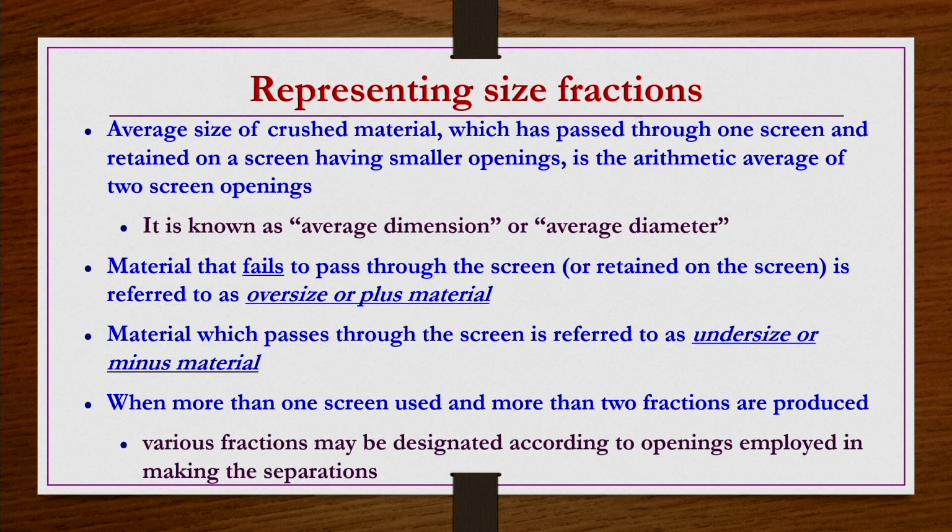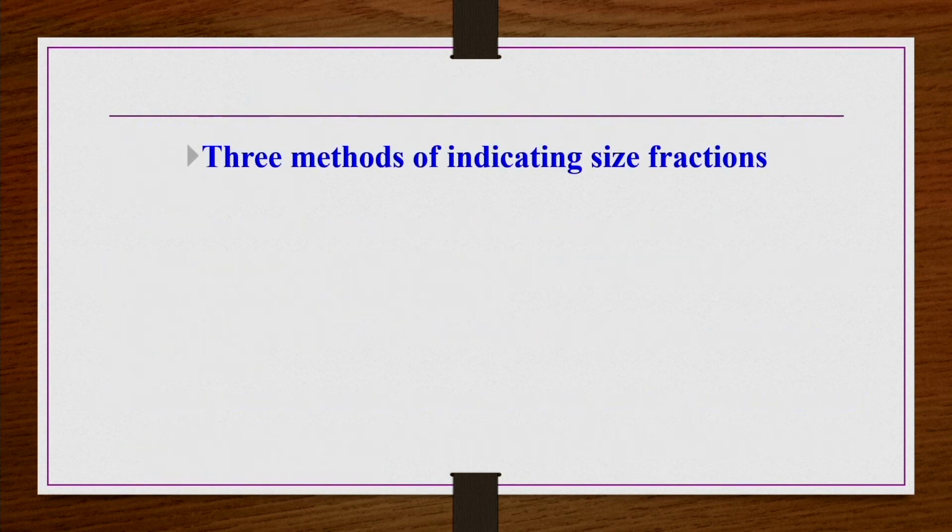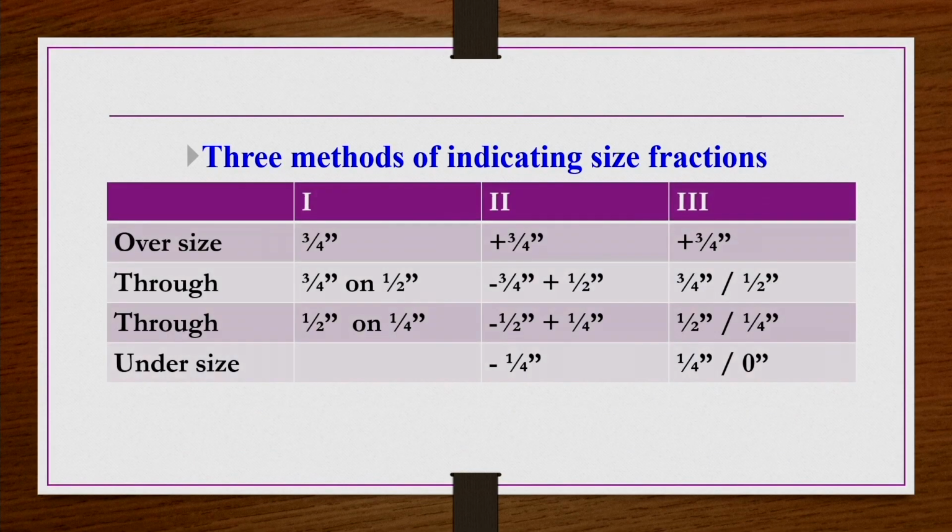And then for these designations, there are three different types of indicating size fractions. Let us say you have three screens, right. One is the size 3/4 inch, another one is 1/2 inch, another one is 1/4 inch, and there is a pan, something like that.